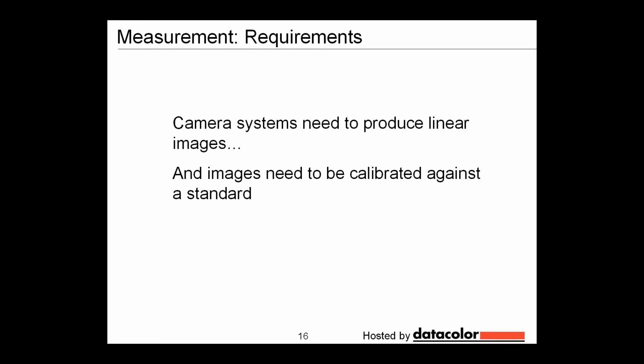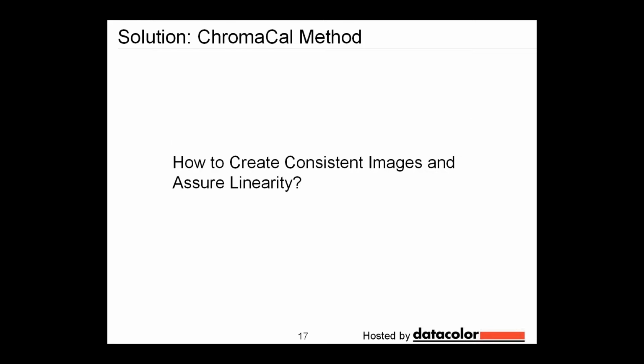Surprisingly, in my wanderings from lab to lab, I've found with my colleagues at Data Color that about 50% of color bright field systems are not producing linear images. These color systems simply don't do that, and it's a tremendous concern to me that some data is getting published that's actually erroneous. So how can you create consistent images and assure linearity?